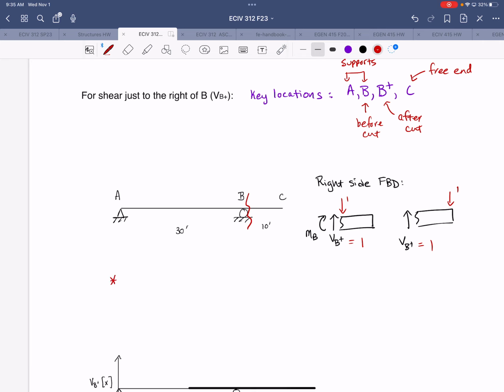All right, so this is important. For any unit load located to the left of the cut, the shear at our location of interest will be 0, right?